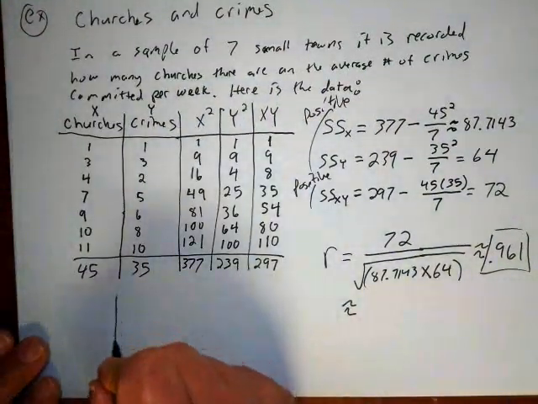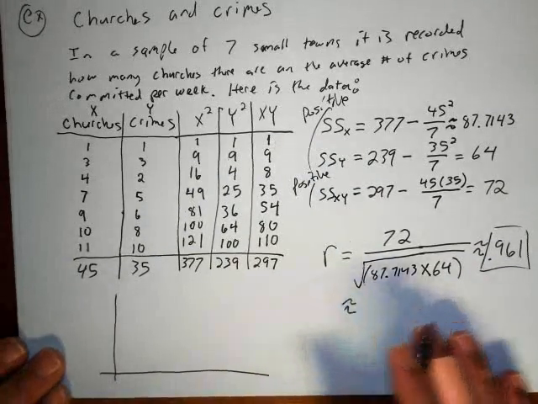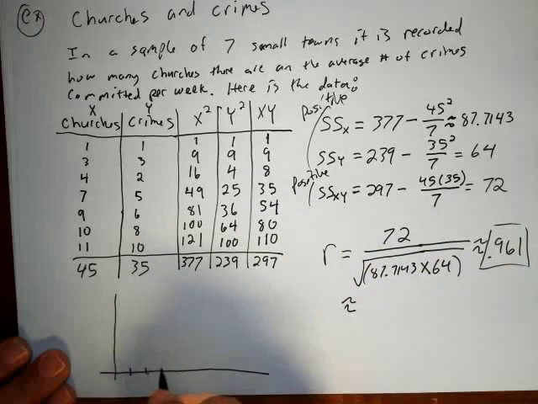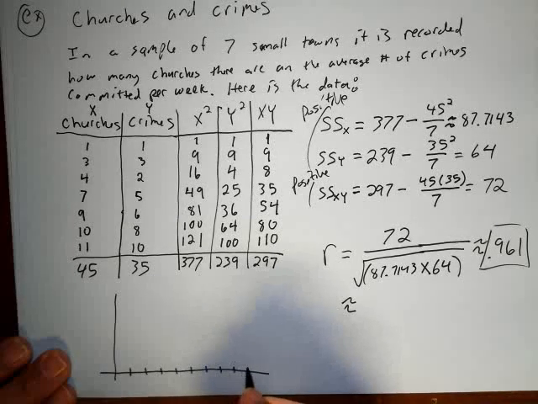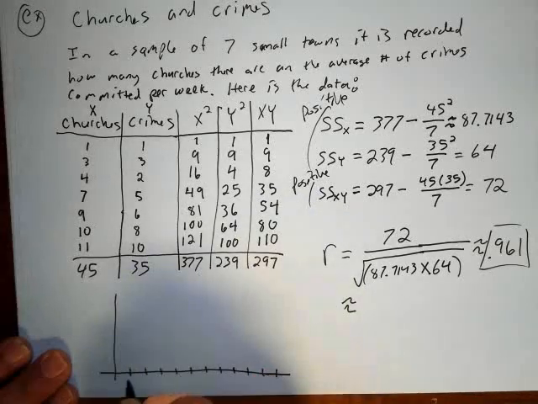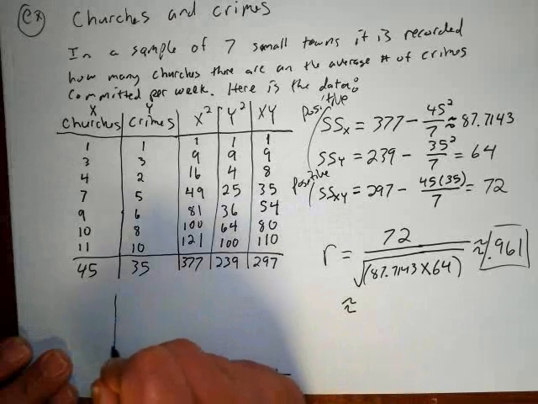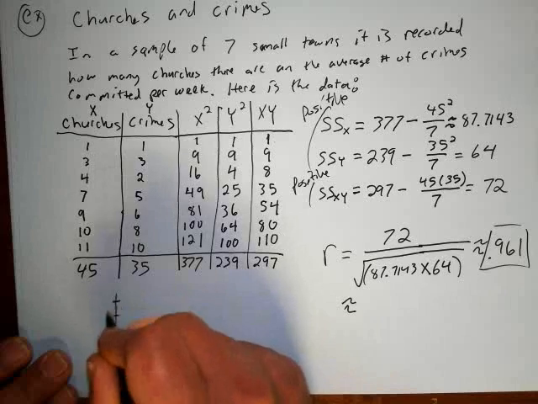So let me actually do the table here to see if that makes sense. So 1, 2, 3, 4, 5, 6, 7, 8, 9, 10, 11. And maybe this one I'll go up by 2s: 2, 4, 6, 8, 10.